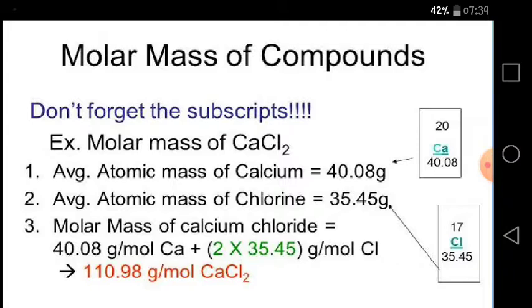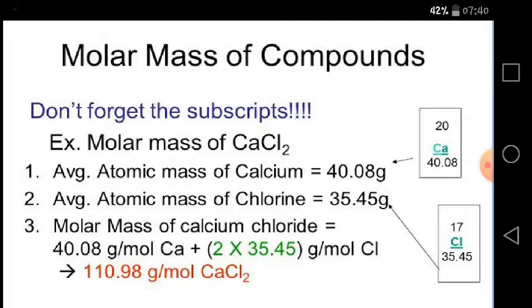How? 40.08 for calcium, and because chlorine has 2 atoms in this compound, 35.45 multiplied by 2, and then we add this, and this will be 110.98. If we express this 110.98 in grams, then this will be the 1 mole of calcium chloride.